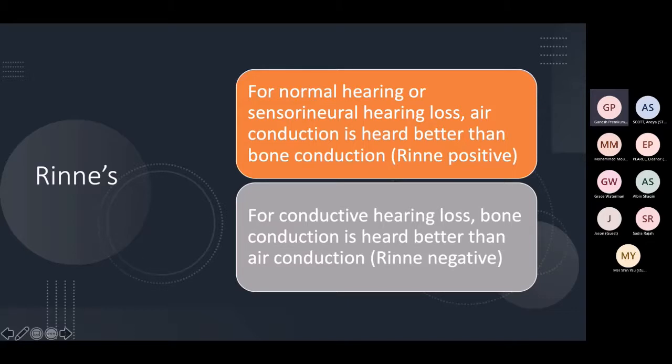Okay, Rinne's test. You may have done it by now. Place a tuning fork, a 512 hertz tuning fork, I think we used. You activate it and place it behind the ear on the mastoid process. You ask them to tell you when they stop hearing it, then you bring it to the front of the ear and get them to listen to it. What you're asking them is, does it sound louder in front or behind?